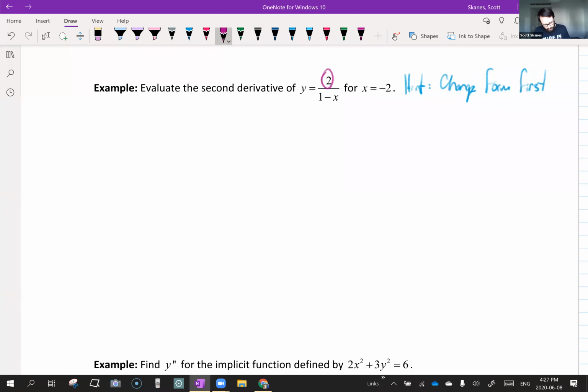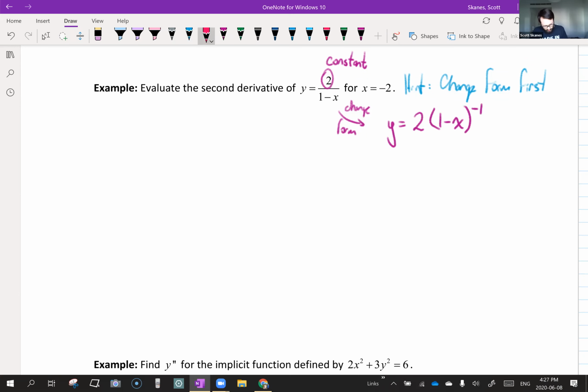So my trick is that if you see a constant on top, and you'll only notice these tricks as you do the practice, okay? This is why I'm bringing this up. If you see a constant on top, you can change the form of this. So I'm going to change the form. Change form to this. Y equals, keep the constant, bring the bottom up, 1 minus x, put the brackets around it, and make it to the power of -1.